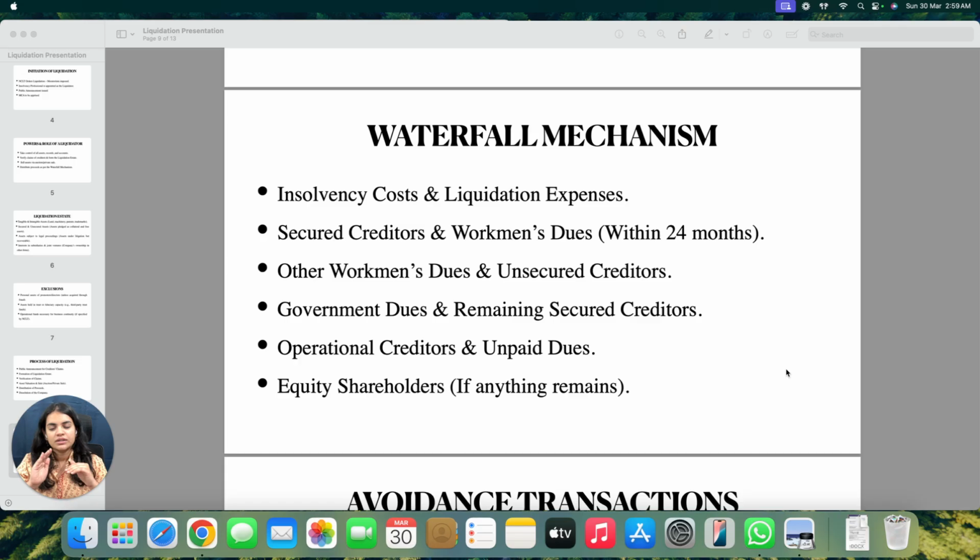In fact, when a public announcement is made, it is a common practice that a resolution professional, an IRP or a liquidator will send out intimation letters to various statutory authorities and financial institutions seeking their claims.